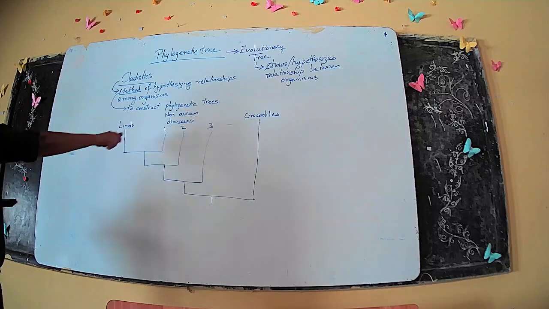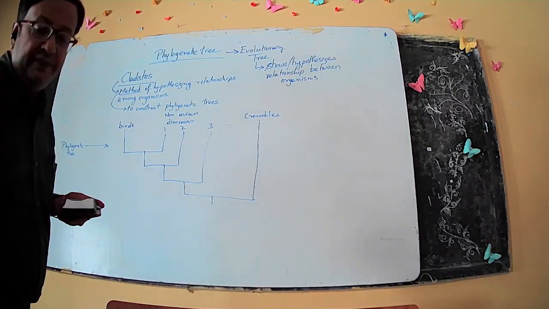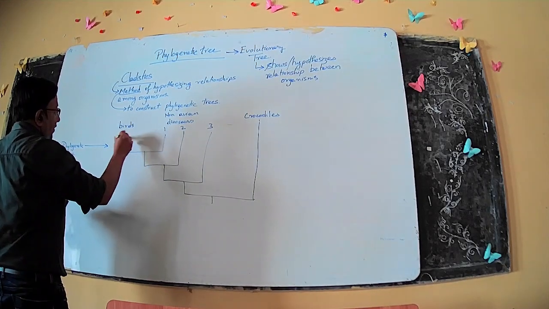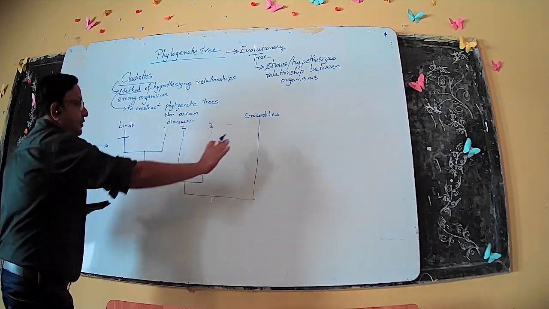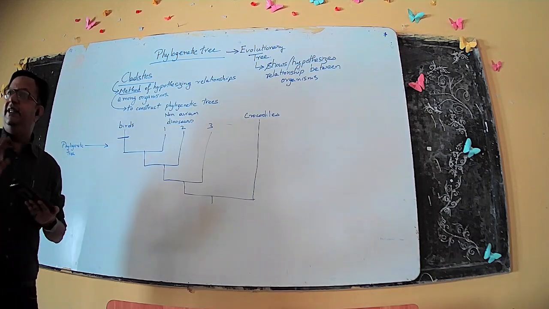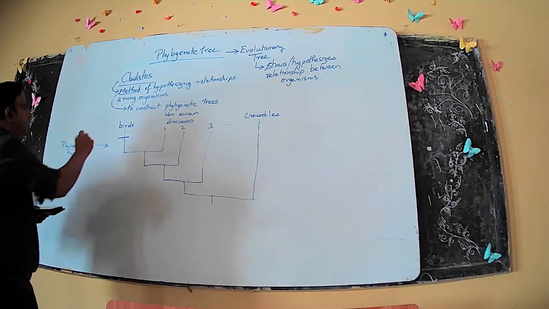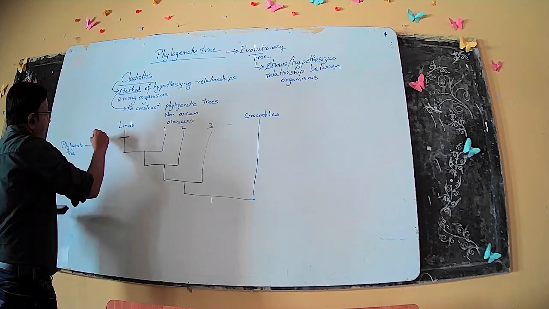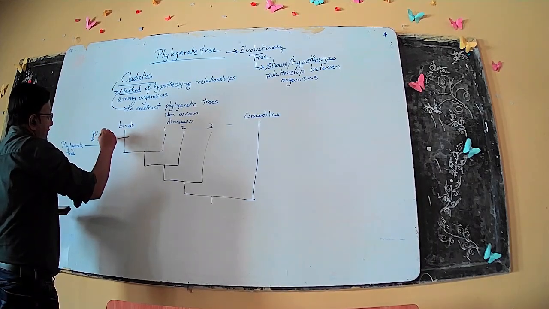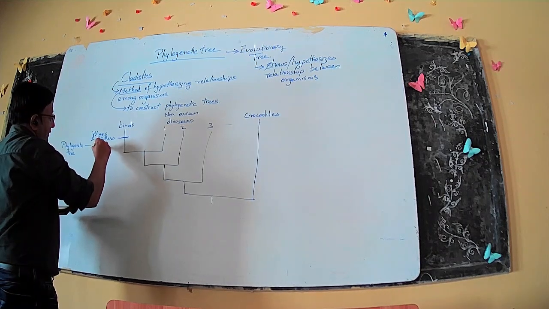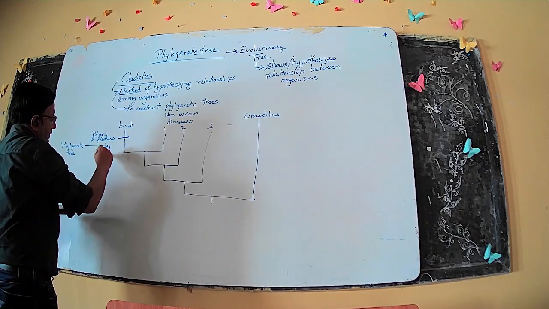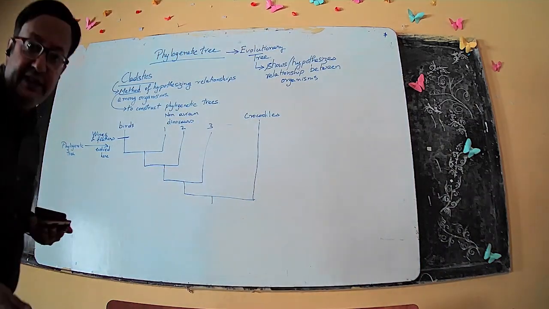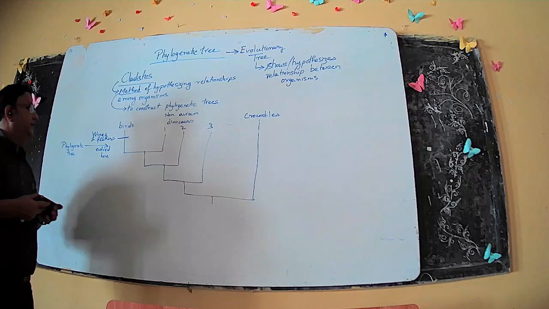So, among all of them, you find that these non-avian dinosaurs and crocodiles did not have wings. So wings and feathers evolved here.